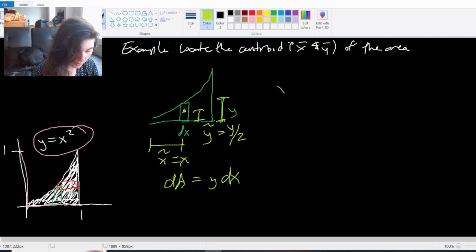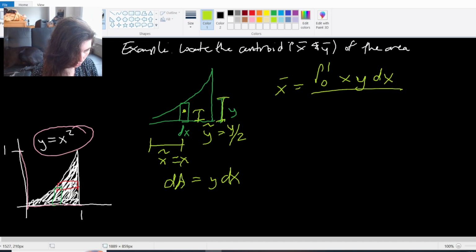So if I start with my x bar, my x centroid is going to be the integral from 0 to 1 of my x tilde, which is x, times dA. And dA in this case is y dx, all over the integral from 0 to 1 of y dx.